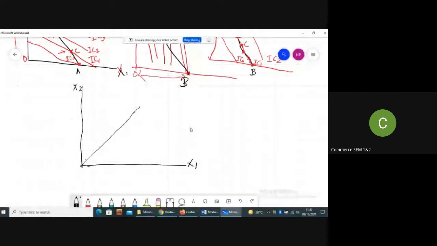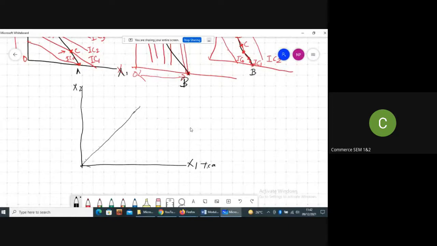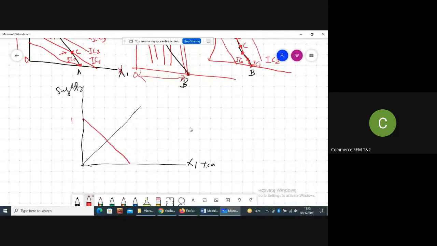That means if these two commodities are tea and sugar, then in which ratio the two goods are consumed. So if you consume 1 unit of tea with 1 unit of sugar, then this ray through the origin will be a 45-degree line. Now draw a budget line like this. So this is your budget line AB.